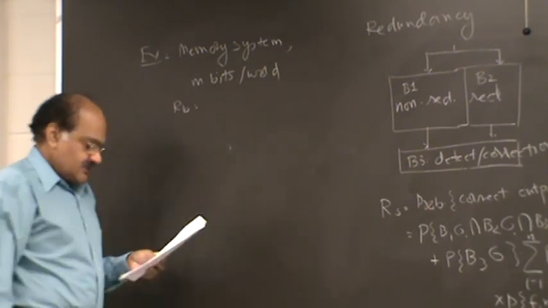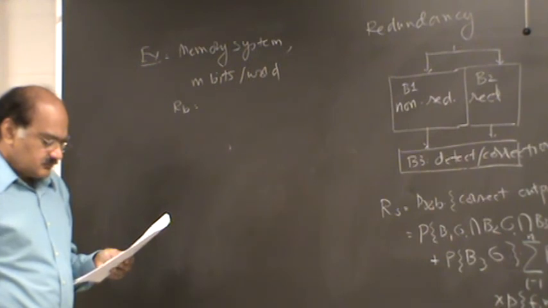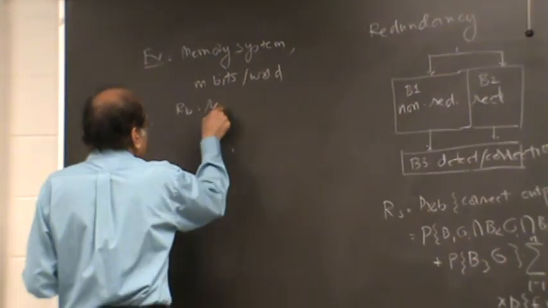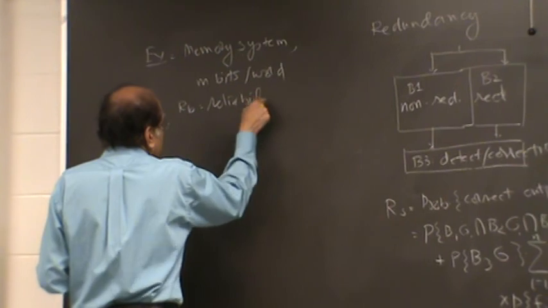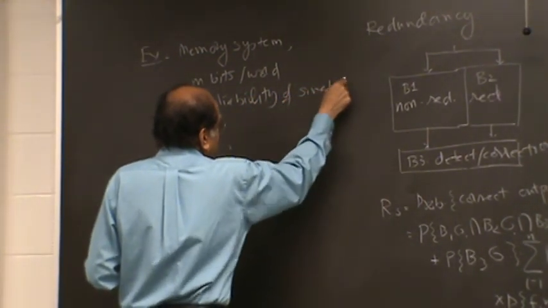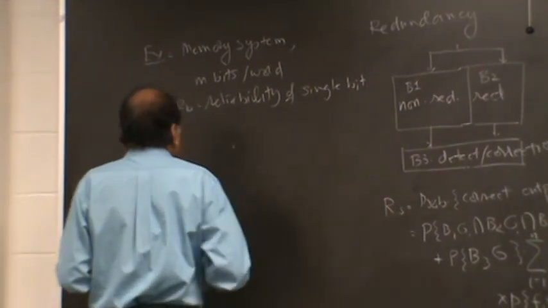I seem to have some mistake here. Reliability of a word. RB is reliability of a single bit. I think I have some error in my notes here.